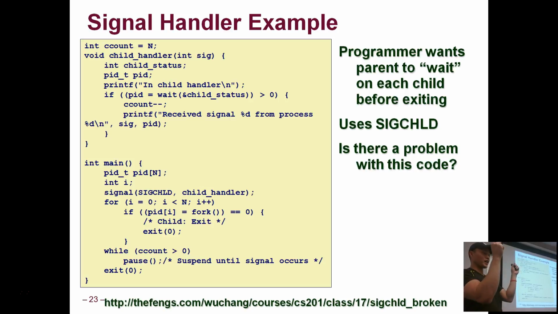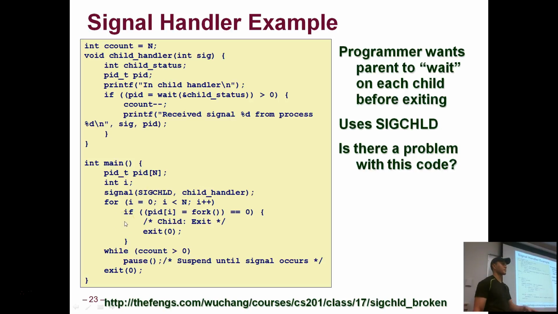So if 2 children die, one right after the other, they both try to send SIGCHLD to the parent, but because those signals aren't queued, the parent only gets 1 signal. So this if statement will only run once, which means you're still going to have a count left over, which will cause this thing to eventually hang.